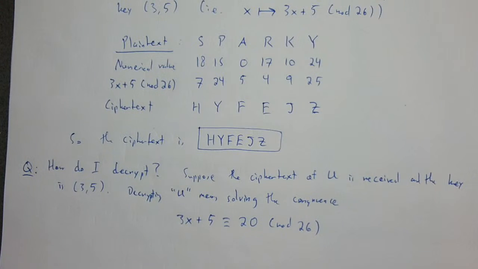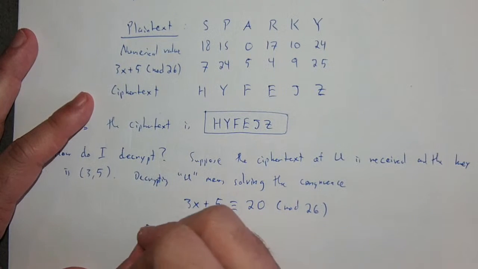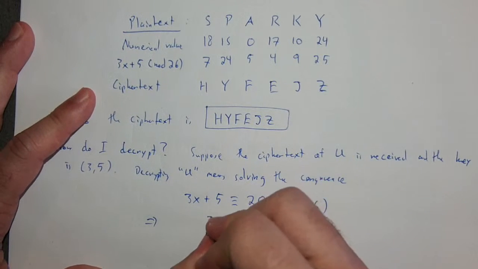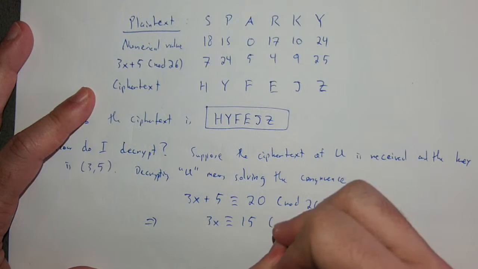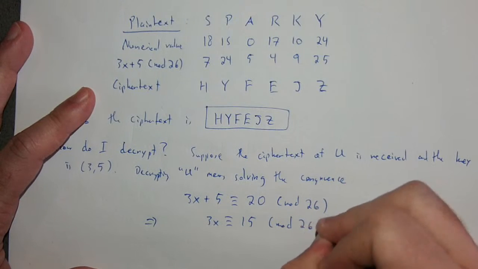Where does the 20 come from? 20 is U in its numerical value. So solving this congruence is what I want to do. But that's the same as solving the congruence 3x is congruent to 15 mod 26.